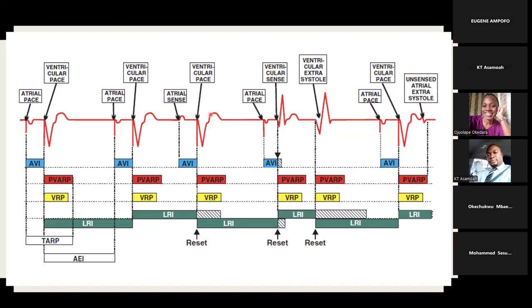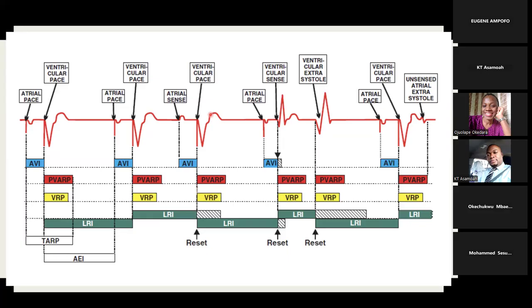Now, if the atrium senses that retrograde P wave, what's it going to do? It's going to start the AVI clock because it has sensed, and this will lead to ventricular depolarization. That also sends a retrograde P wave up. The atrium senses it, and the AVI clock ticks. So it establishes a cycle.